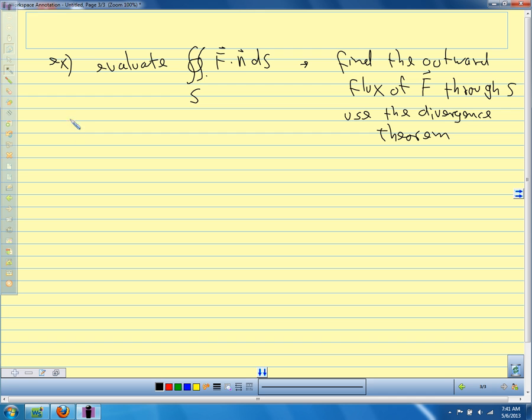Our field F is xy i hat plus yz j hat minus yz k hat. And our surface is z equals the square root of a squared minus x squared minus y squared, and z equals 0.